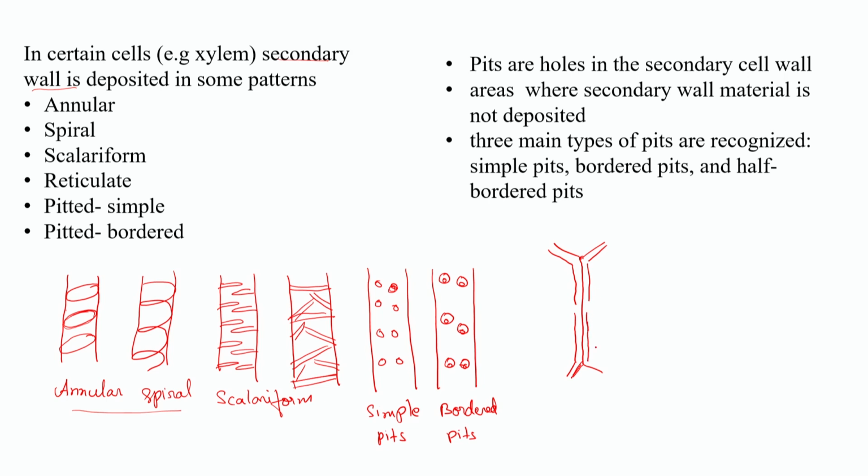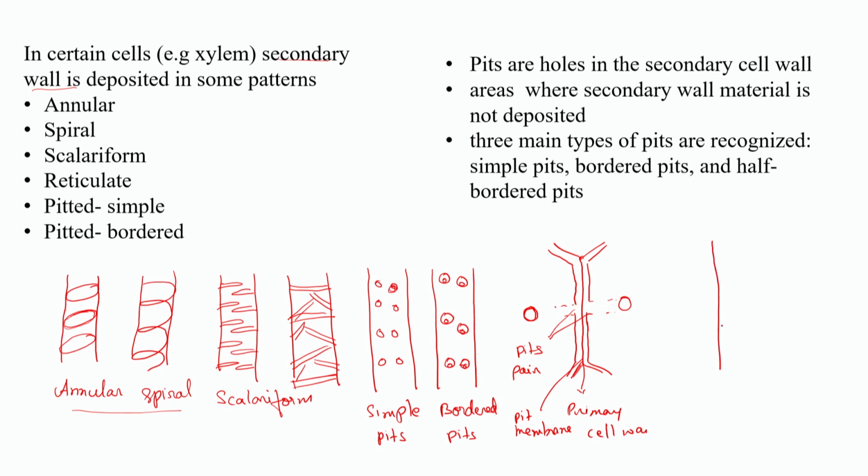When we observe a pit, this is a pit where the cell wall deposition is absent, creating a hole-like structure on either side of a membrane. It is always observed that pit pairs are present, meaning a pit on one side is always attached to a pit on the other side. These pit pairs are separated by a boundary made up of middle lamella and primary cell wall. This is the pit membrane. So this is a simple pit.